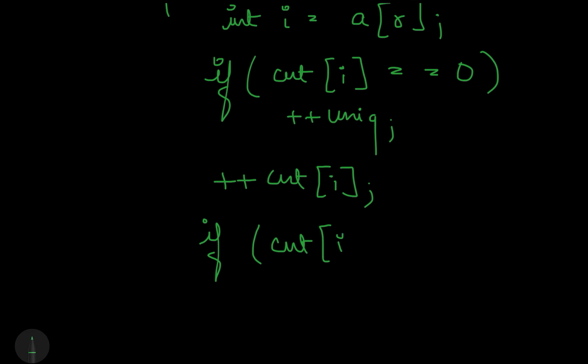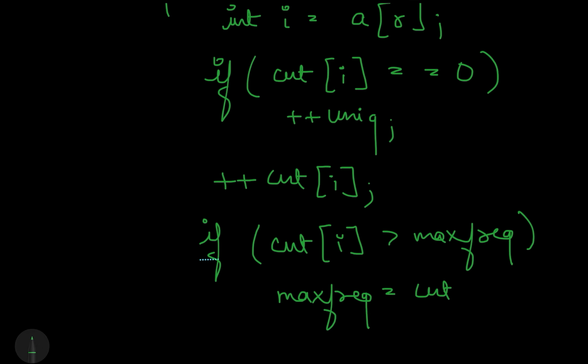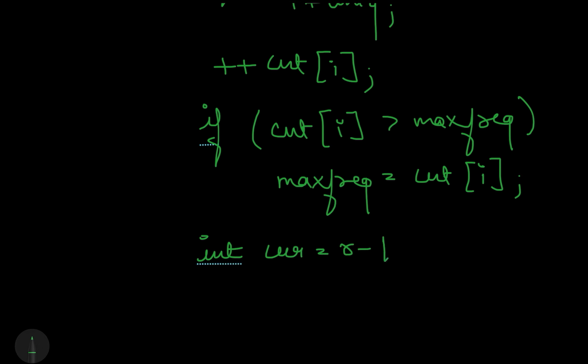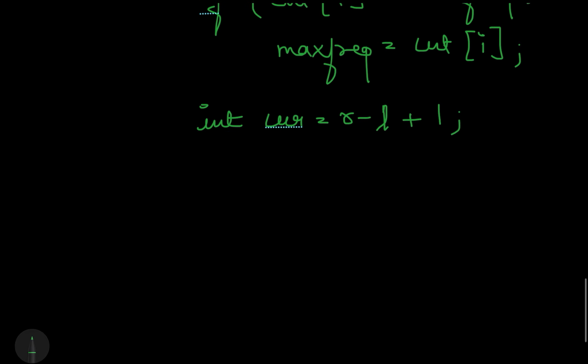Now if the count is greater than the max frequency, then our max frequency would be equal to count of I. And now we have to check whether all the distinct characters have the same frequency, and the current length is R minus L plus 1. How will we check?